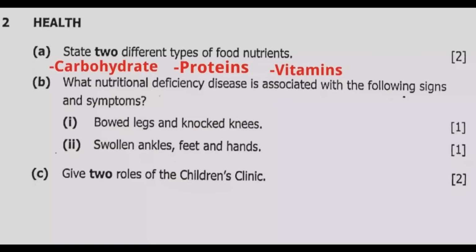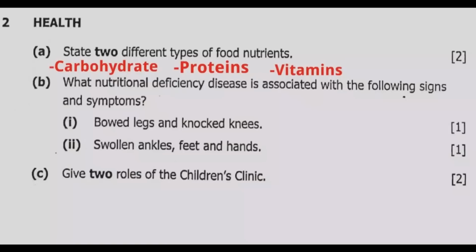We go to question number 2B. What nutritional deficiency disease is associated with the following signs and symptoms? A, bowed legs and knocked knees. So what disease has the signs and symptoms of bowed legs and knocked knees?